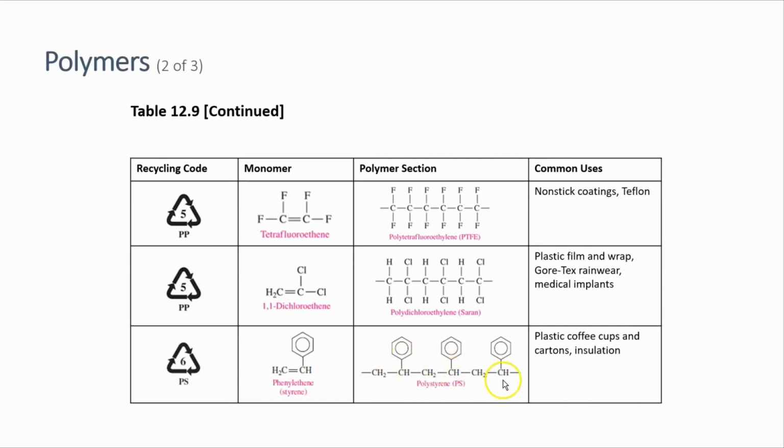You get polystyrene. Polystyrene is used in plastic coffee cups. Okay, so that's all you need to know under these polymers. Understand how these addition reactions occur and identify the monomers from the polymers and polymers from the monomers.